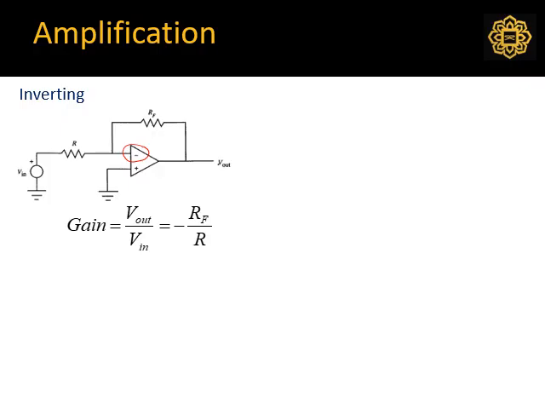There is no input current into the op-amp, 0 ampere, and these two voltages are virtually the same. V1 equals V2 equals 0 because V2 is connected to the ground. This is an approximation.